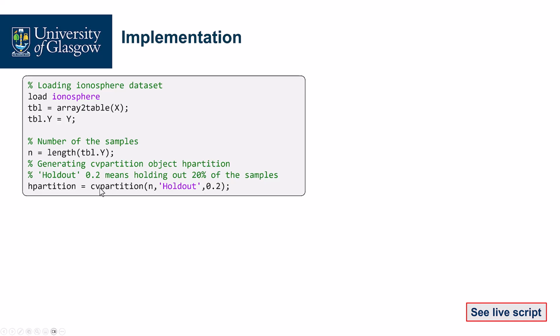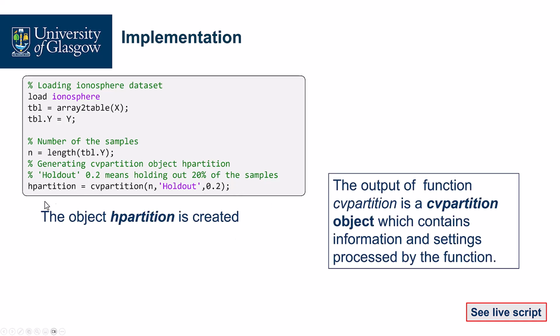You can see I use this function, cvpartition, with the total number calculated here, and I will reserve 20% of the samples as test samples. After using this command, I will generate the hpartition object, which contains the information and the settings.